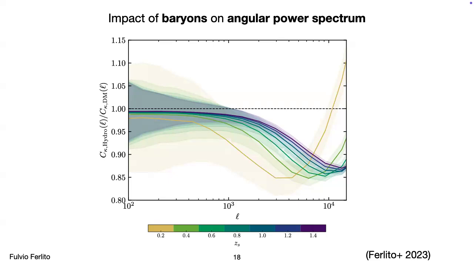We see, for example, a suppression followed by an upturn, at different source redshifts. The source plane is basically where I am observing the galaxies that get weakly lensed.